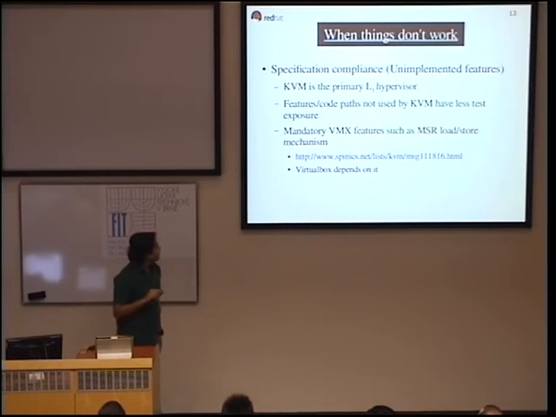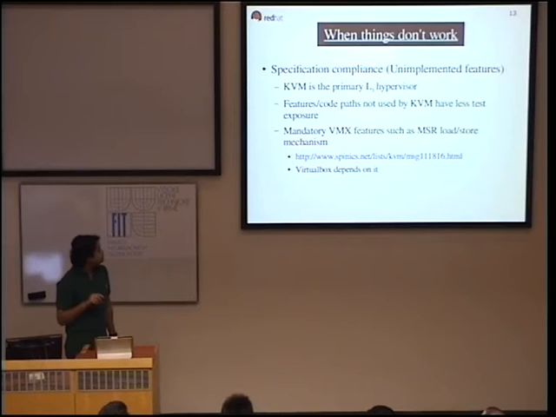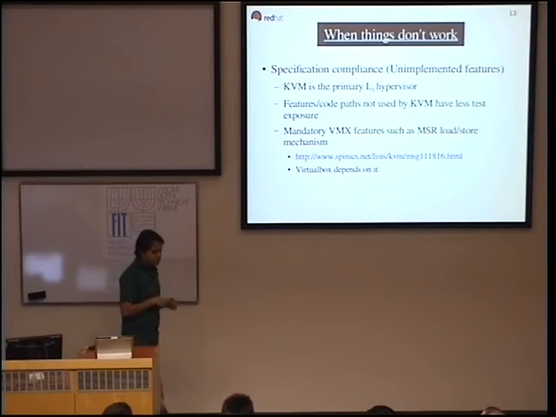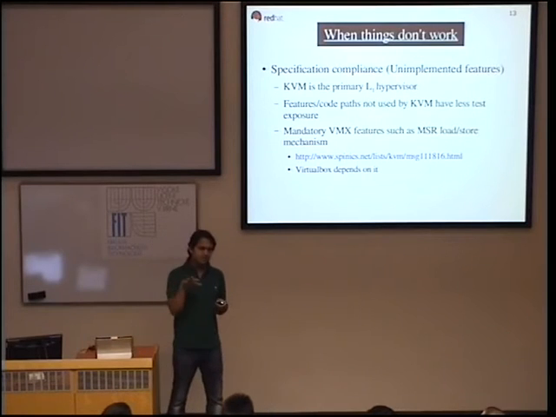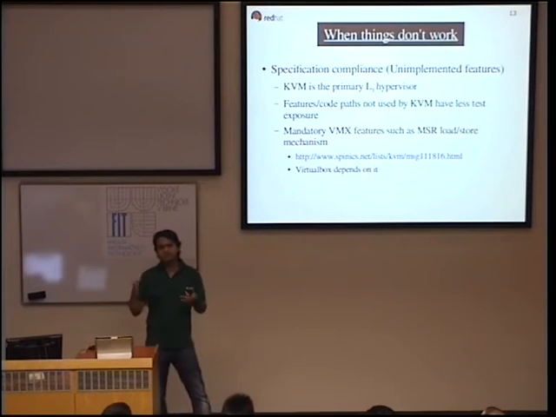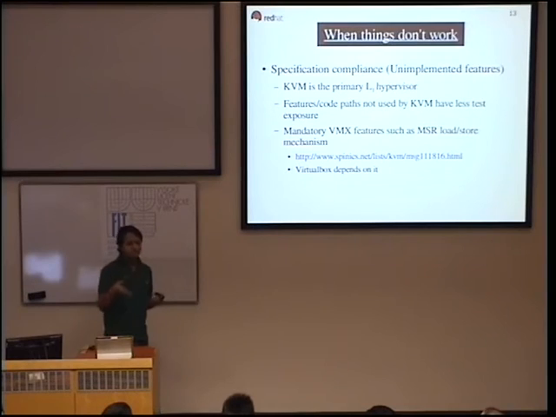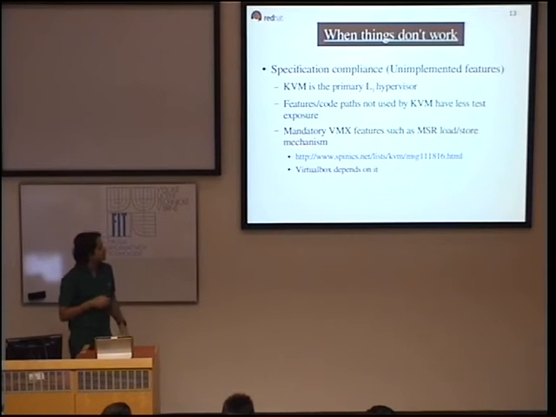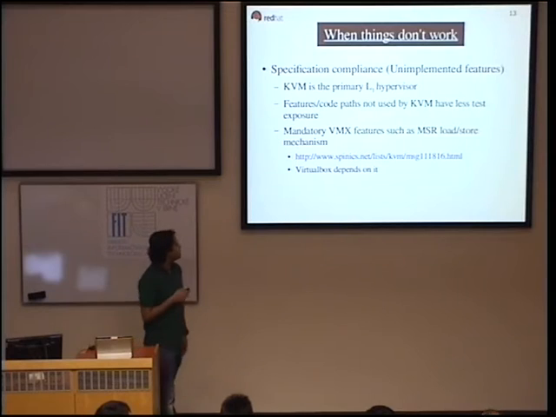An example is MSR load store, which is basically hardware support to automatically load a list of MSRs when you enter the guest and then save them automatically when you exit it. We didn't have that for nested virtualization for a really long time, and no one complained because everyone was using KVM as the level 1 hypervisor.